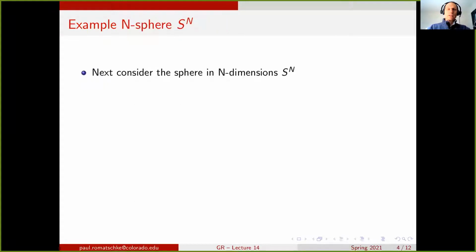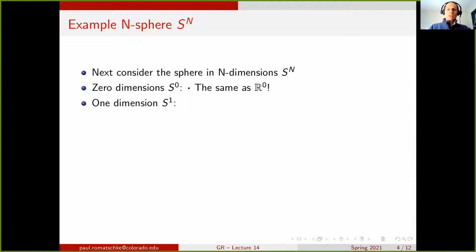The second example I'm going to talk about is the sphere in n dimensions, S^n. In 0 dimensions, we have S^0, and not surprisingly, that is exactly the same as before. It's a dot, the same as R^0, and that tells you that all 0-dimensional manifolds are just dots.